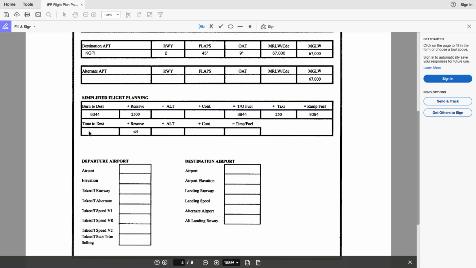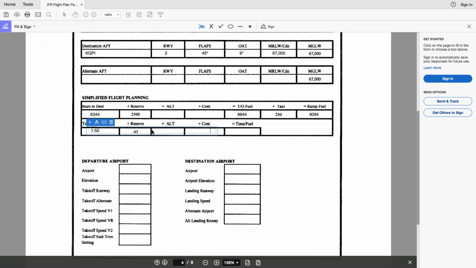All right. Time to destination. What was our minutes? 112. 1 hour and 52 minutes. Okay. Didn't have an alternate, didn't have contingency fuel.